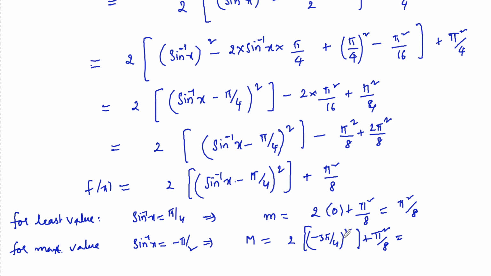which equals 2 times of this is 9 pi square by 16, and 2 times it comes here 9 pi square by 8 plus pi square by 8, which is equal to 10 times pi square by 8, this is capital M, and small m is equal to pi square by 8, and we need the ratio of M upon m.